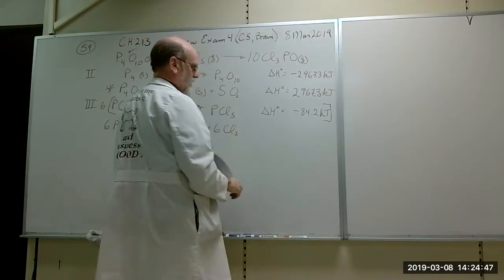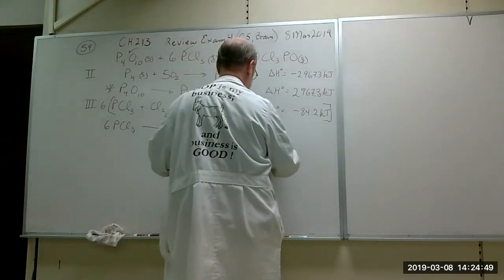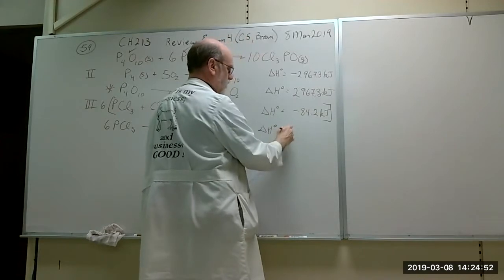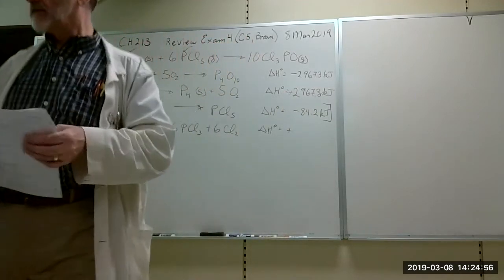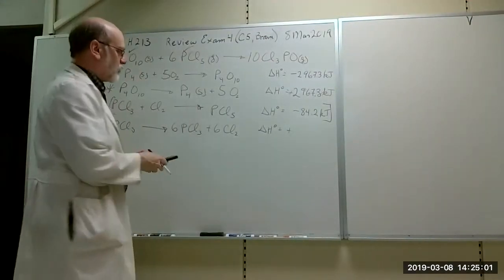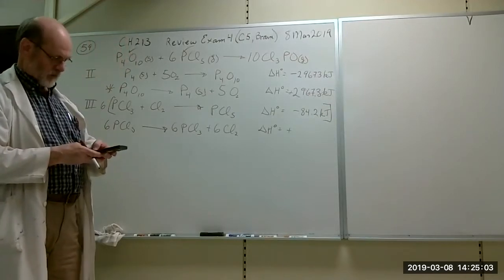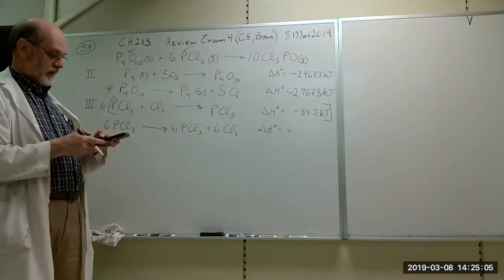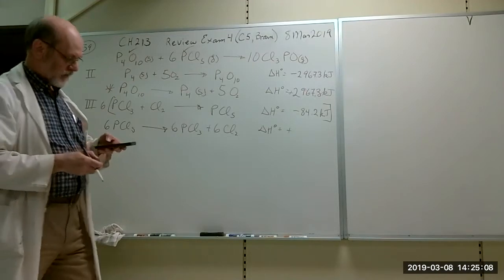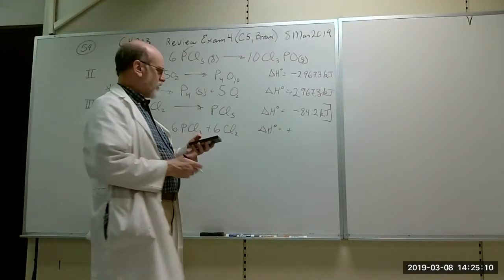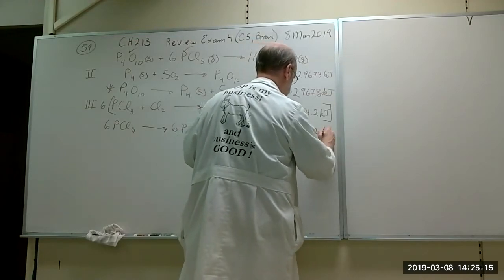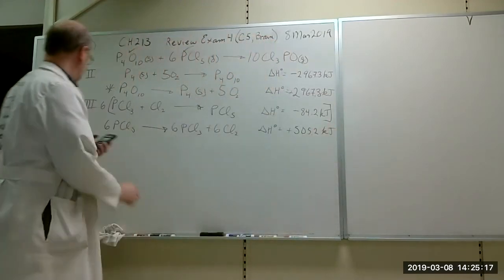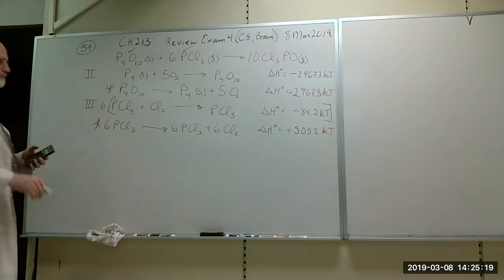Now what does that do for this one? Well, it changes the sign, and we multiply it by 6. So minus 84.2, well, 84.2, because we changed the sign. So that's 505.2 kilojoules.